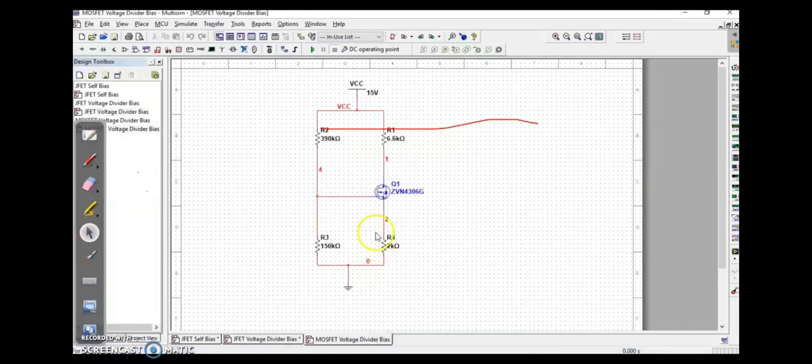And this is the circuit diagram of the MOSFET voltage divider bias. We are using the 4 resistances R1, R2, R3, R4, and we ground the circuit.